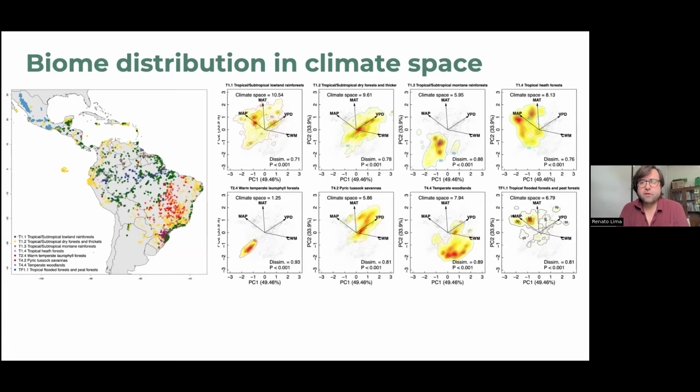And then we have the dry forests, really different in terms of precipitation from the rainforest. So this is the climate space for each of those biomes in our data set. Next one, please, Jerome.